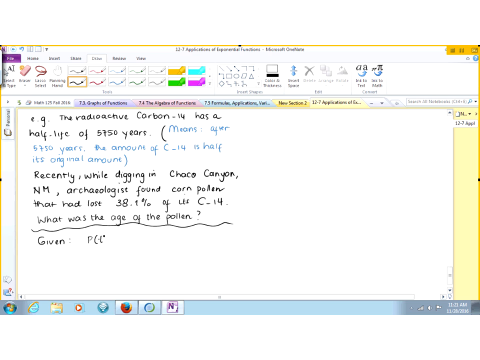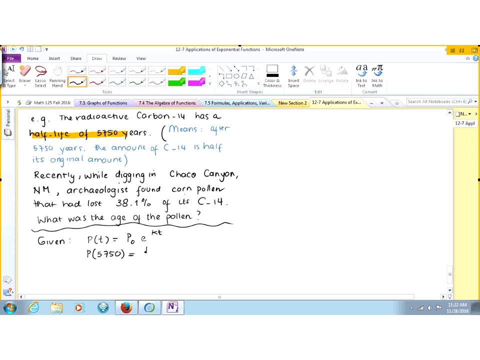P of T is equal to P naught e to the kT. This is what we're going to use, right? Now, let's talk about the half-life here. What are we supposed to do here? How do we translate it here?